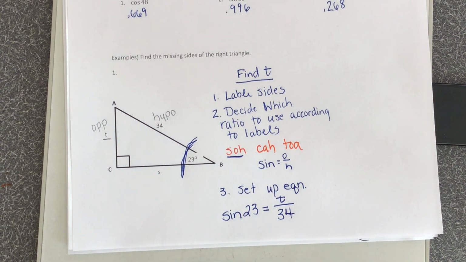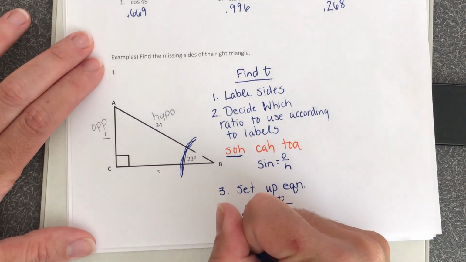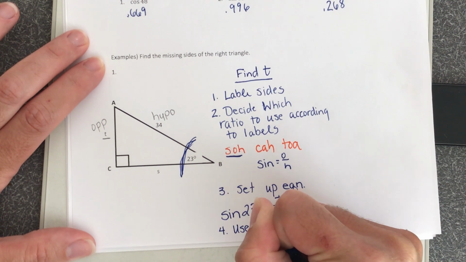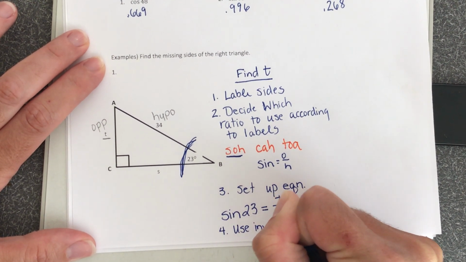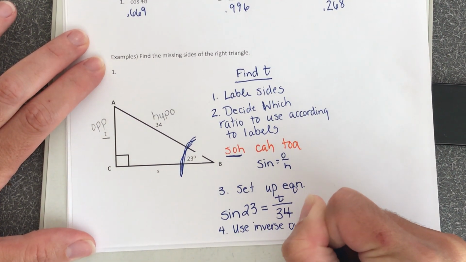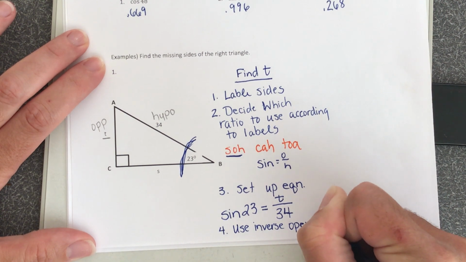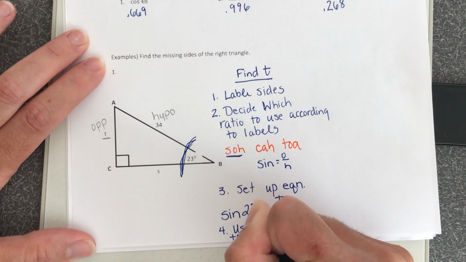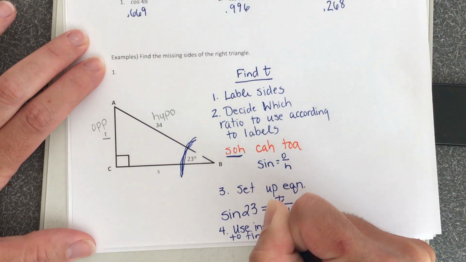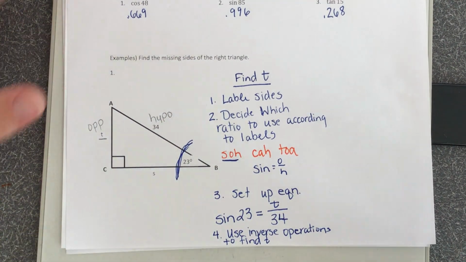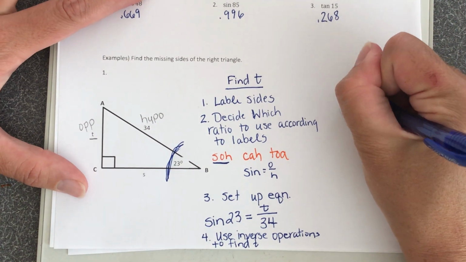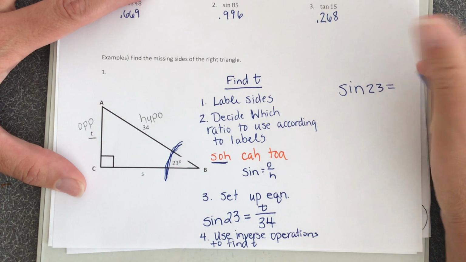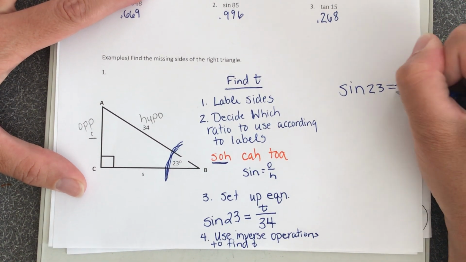And now we're going to use inverse operations to find t. So sine 23 is equal to t over 34.